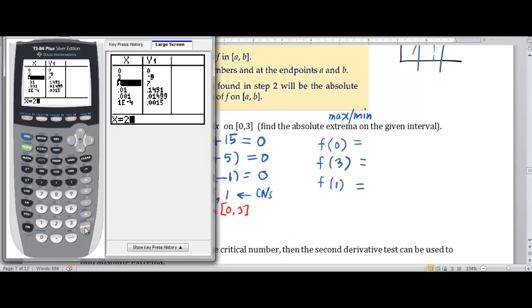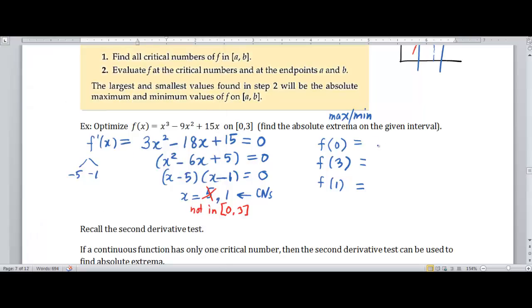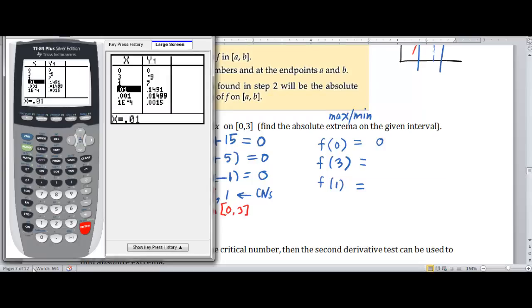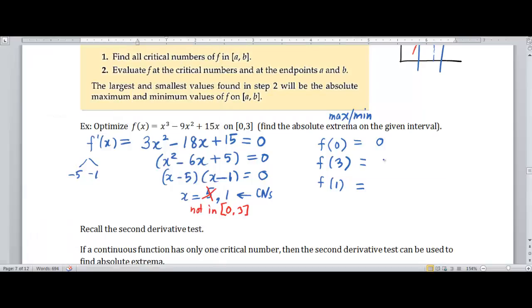So if I change this to 1, that changes that. So when x is 0, y is 0, then negative 9, and 7. So what is the largest value? 7 is the largest value, the largest y value.